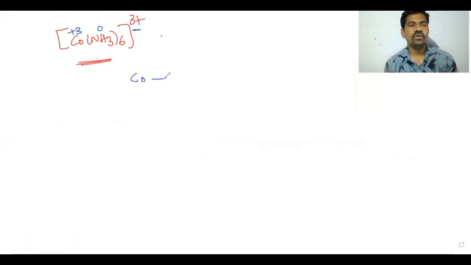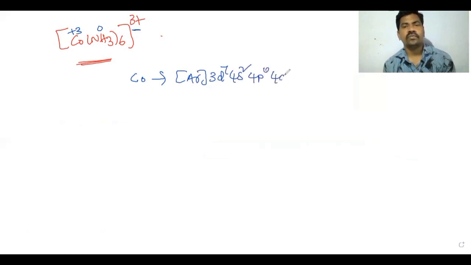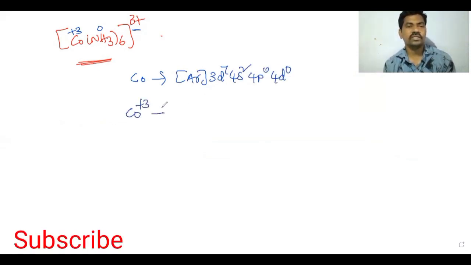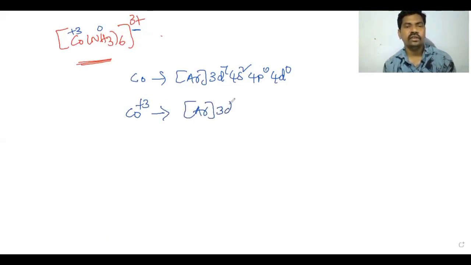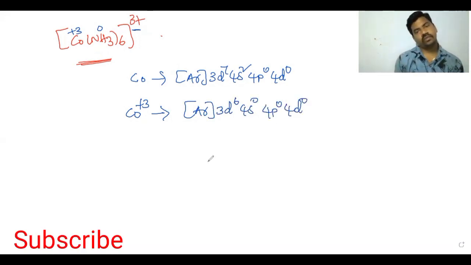So here Co is argon 3d7, 4s2, 4p0, 4d0. In this coordination complex, Co is in the +3 oxidation state, so argon 3d6, 4s0, 4p0, 4d0.